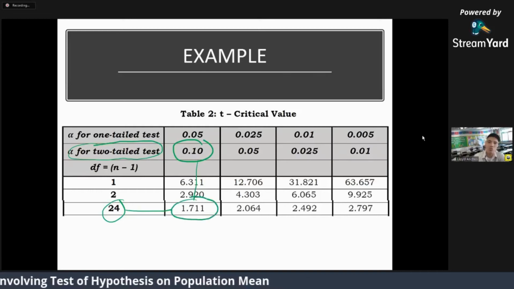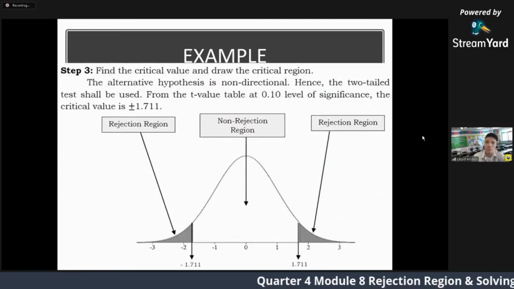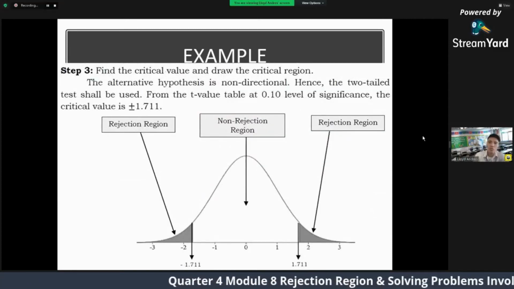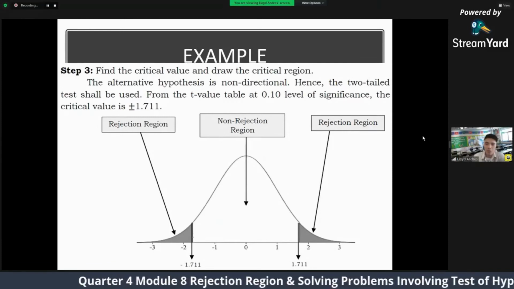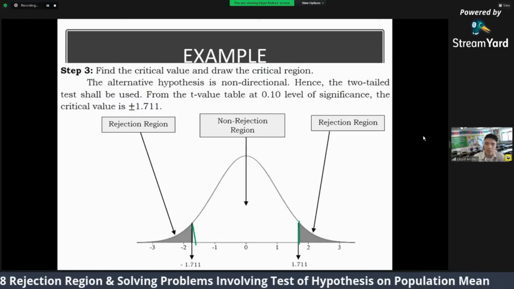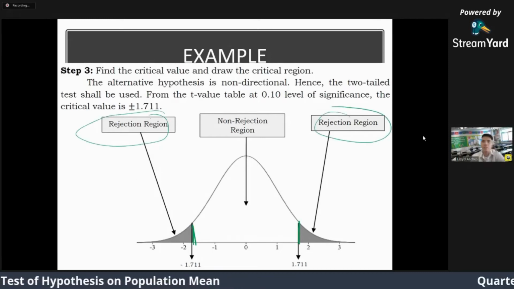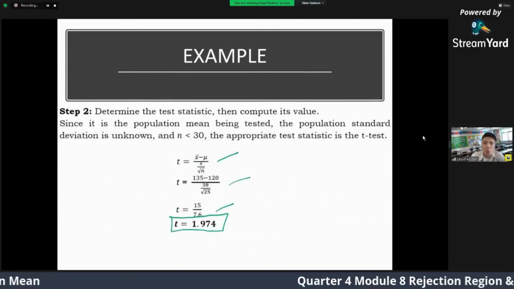And since two-tailed ta, positive and negative values. So, kung tan-awon na to, that is our critical value nga 1.71 na naa diri, kana positive, negative diha, positive diri. Mao ni mga rejection region naa sa left part o naa sa right part. Ang naa sa center non-rejection region. We now try to plot katong computed nga 1.974.